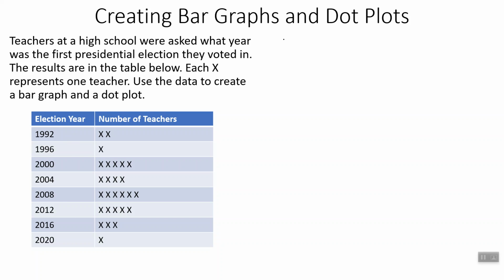With the bar graph, I do need to have a y-axis and an x-axis. The y-axis is generally going to be frequencies, and the x-axis, it looks like we're going to go by election year here. It looks like we're going from 92 to 2020, counting by 4.